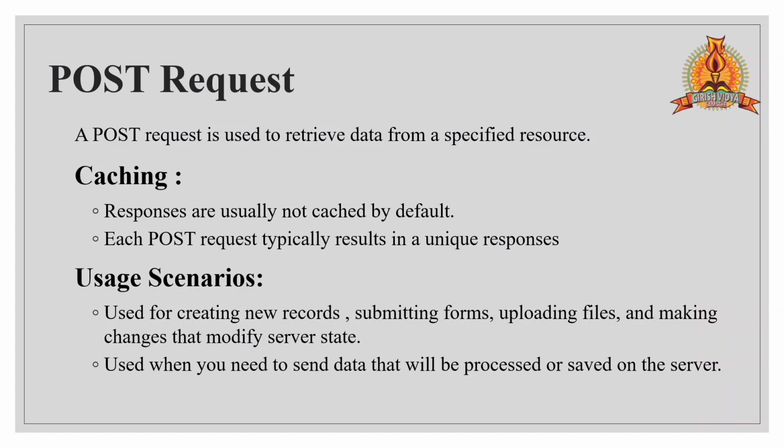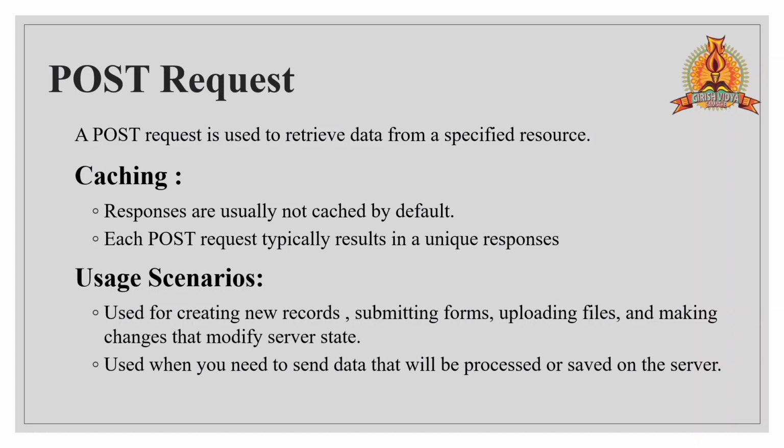Okay. Then usage scenario. Where we are using this POST request: we are using it to create new records, submit forms, upload files, and make changes that modify the server state. New records means we are storing all the information on the server side. So that is like one record, right? Submitting forms like an application form, Google form, or a teacher-student login form.